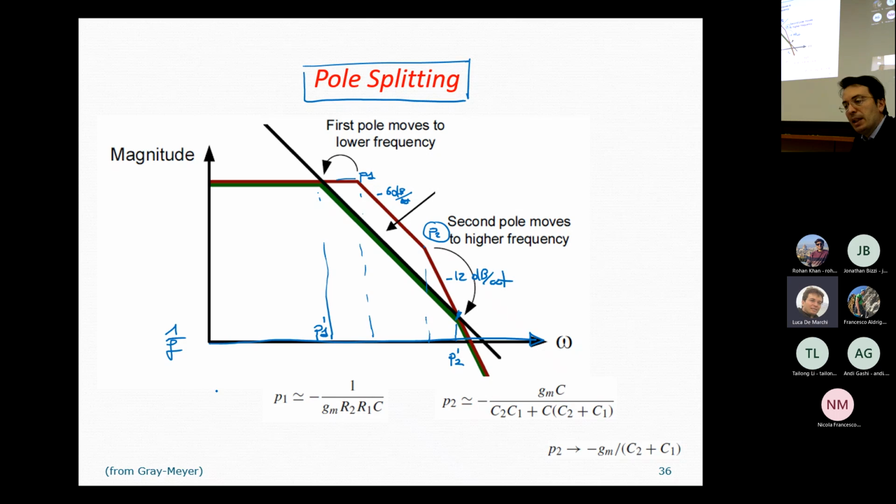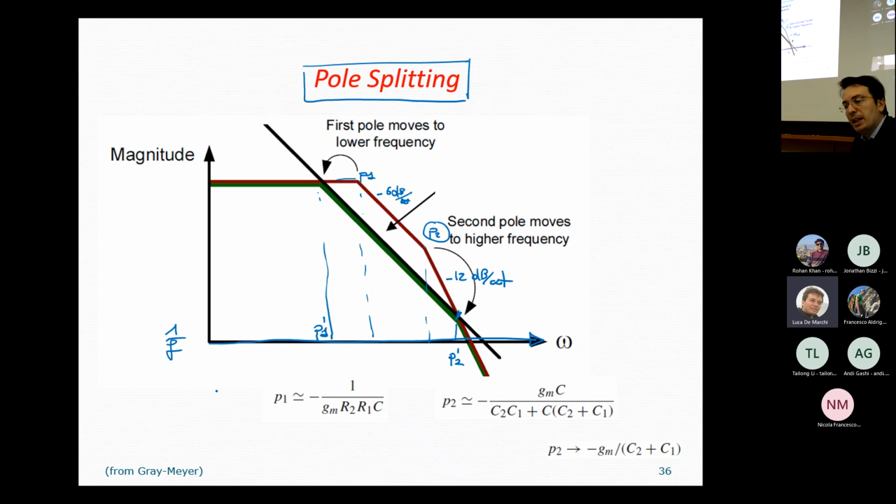I've multiplied numerator and denominator times this quantity. So what we get is a number here which is real, so it has no effect for the phase calculation, and so we can focus on the numerator. So to compute this quantity, we have to apply the arctangent function to omega over p1.